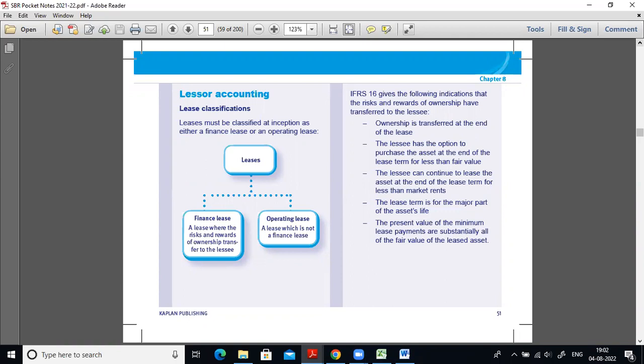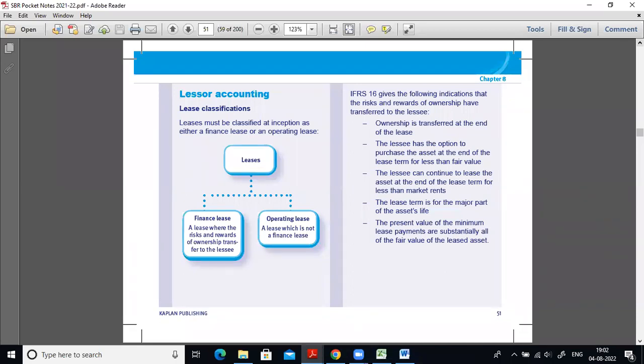And the second point, if the lessee has the option to purchase the asset at the end of the lease term for less than fair value, it clearly specifies for less than fair value. So fair value means there will be a specified agreed price. Let us assume that I am a lessee for a specific asset.